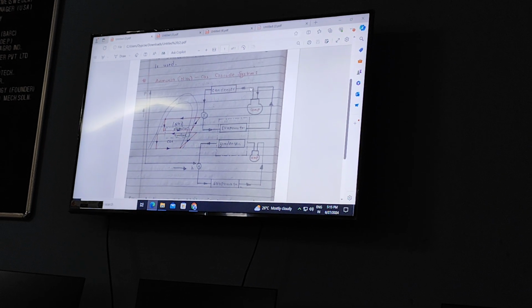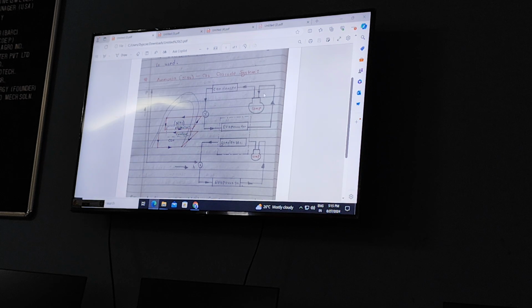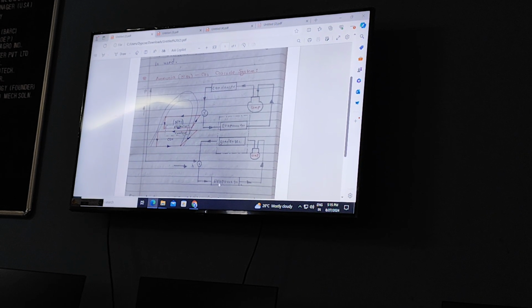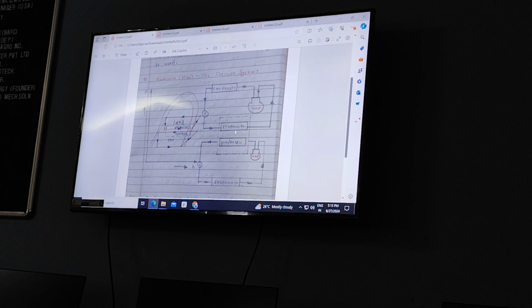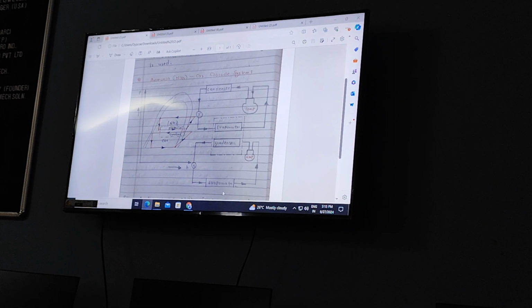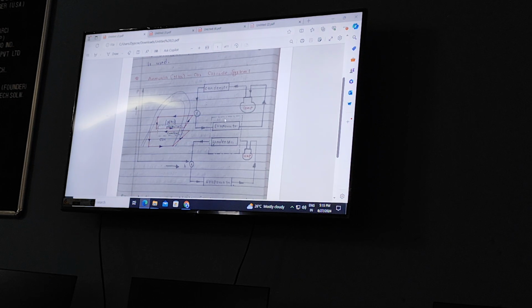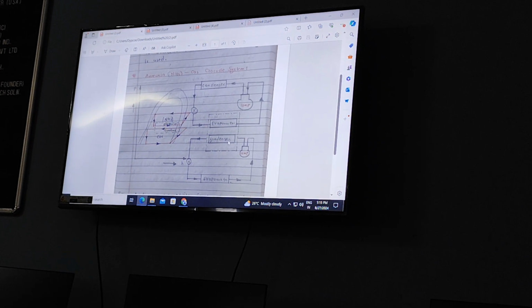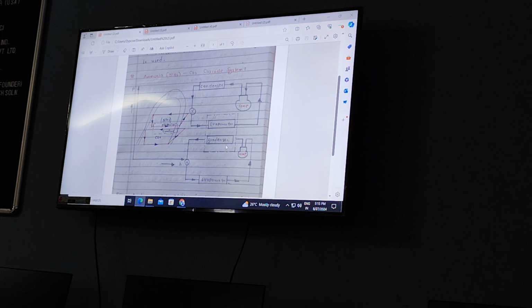The VCR cycle of ammonia we are combining with the VCR cycle of CO2. Now suppose I want minus 80 degrees centigrade temperature. So we combine the evaporator of ammonia with the condenser of CO2.